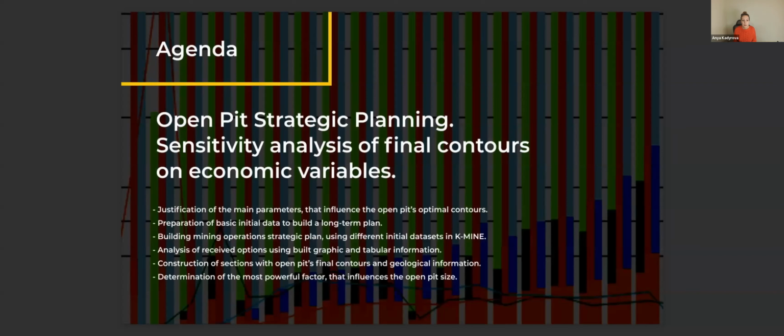Speaking of the parameters of sensitivity analysis, you all know that when you search for the final boundary, you need to constantly evaluate all elements of the block model. It's necessary, so when you do sensitivity analysis, you can select the main indicators and assign them different priorities that would affect the cost of each block.